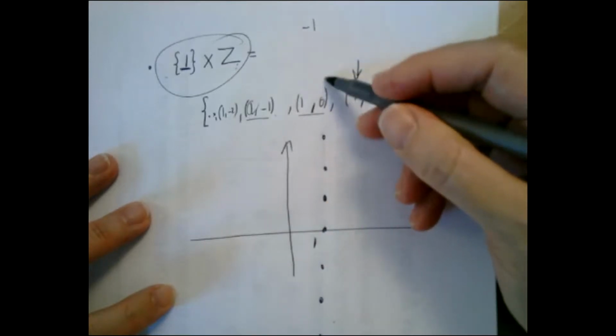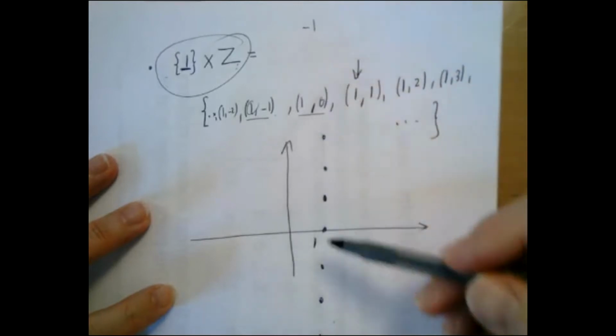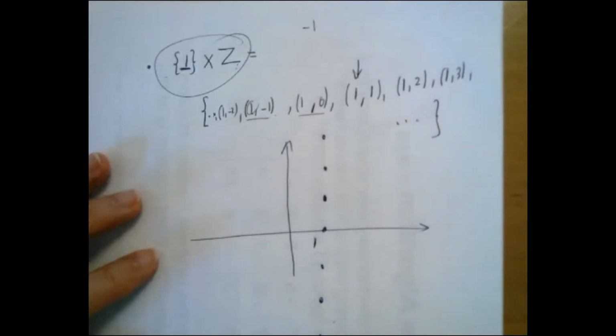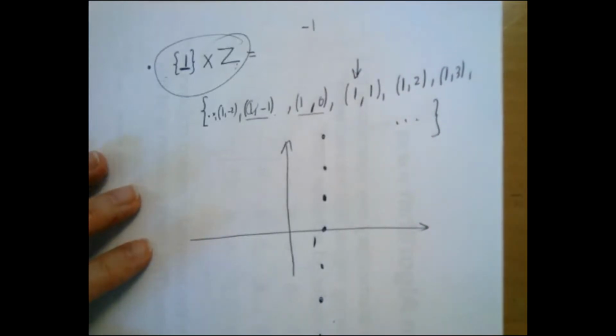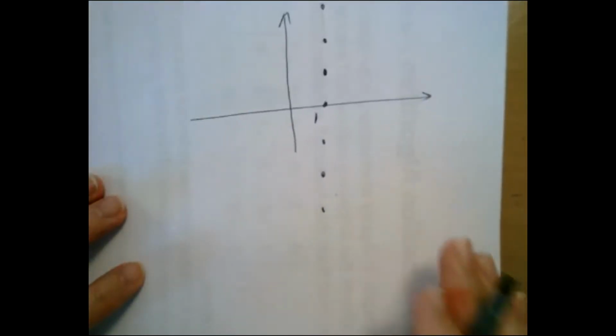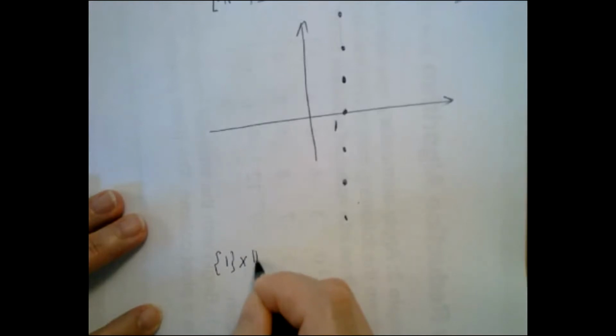So we can visualize this as the vertical line, but not the whole line, only the dots on that vertical line where the second coordinate is always an integer. If it was in R, like all reals, it would be just a normal line. Exactly. The minute I change my universe, my sets, you're absolutely correct, I'm going to pick up the whole line.